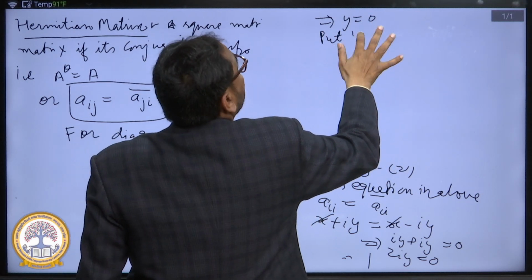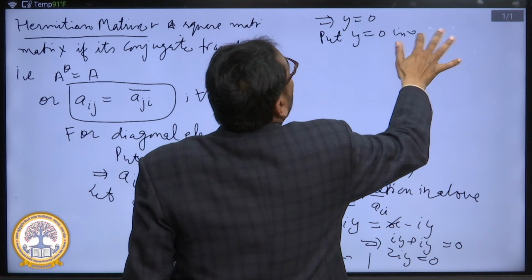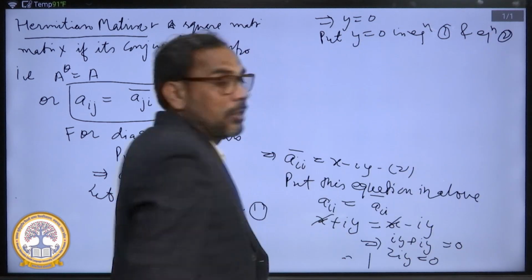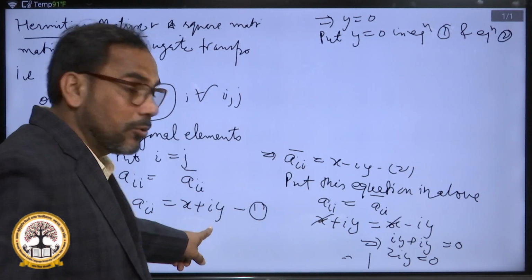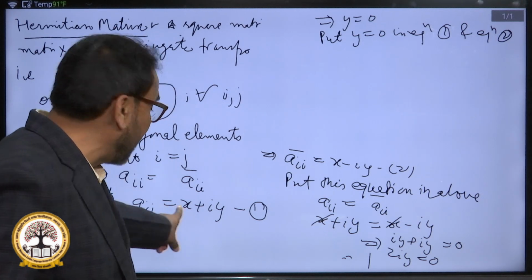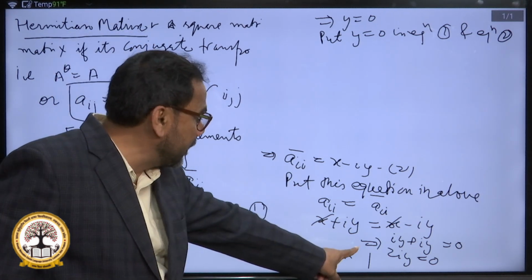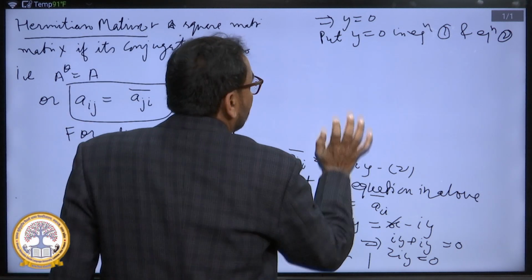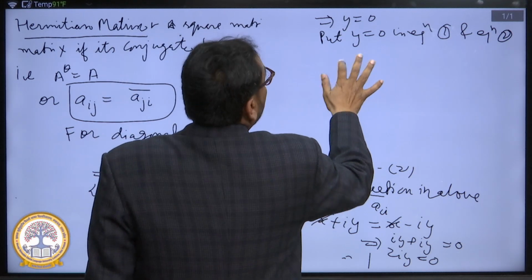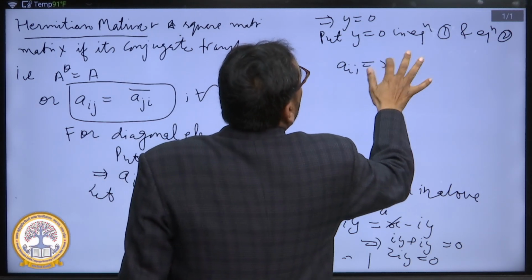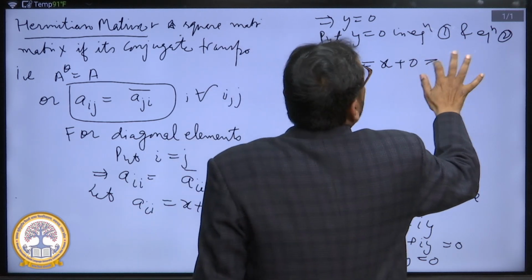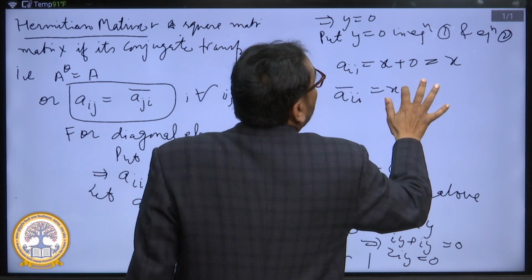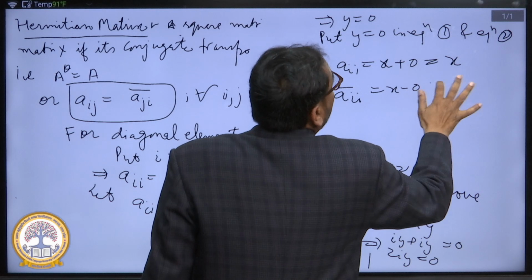Put y equal to 0 in equation first and equation second. Aii is equal to x plus 0, it means x, and Aii bar is equal to x minus 0, it means x.